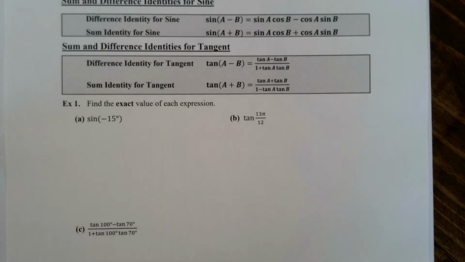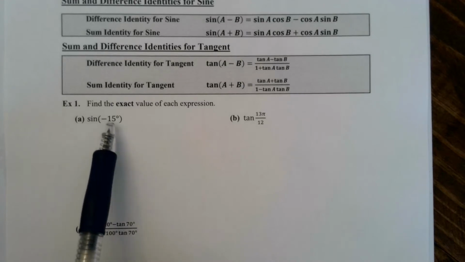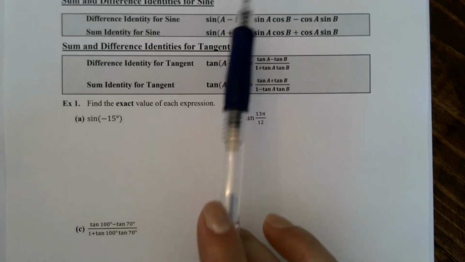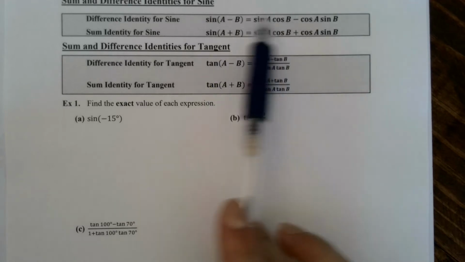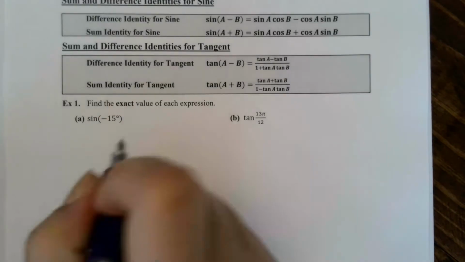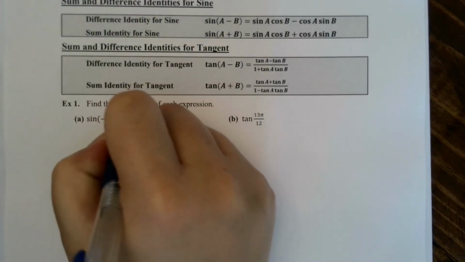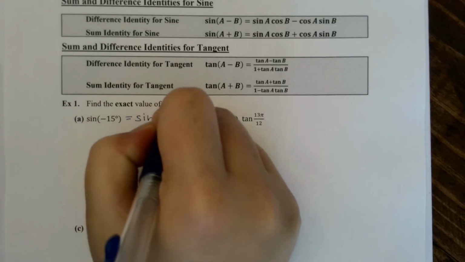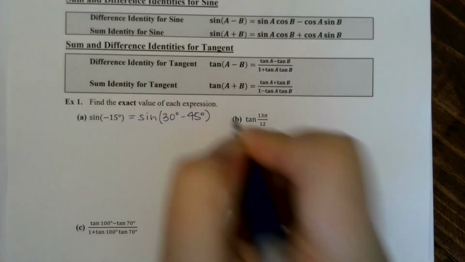We want to rewrite negative 15 as a subtraction or addition so that we can use one of these identities, and write it in terms of angles we already know, such as 30, 60, or 45 degrees, or 90, a quadrantal angle. Negative 15 degrees can be rewritten as sine of 30 degrees minus 45 degrees.